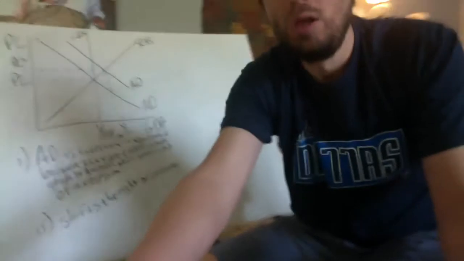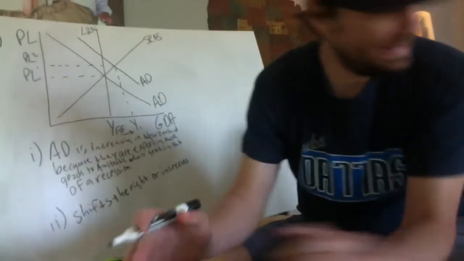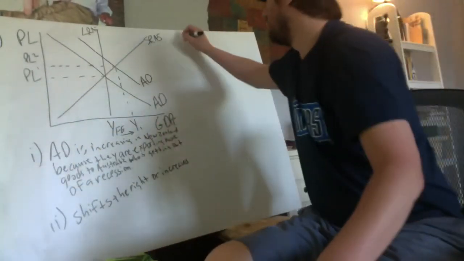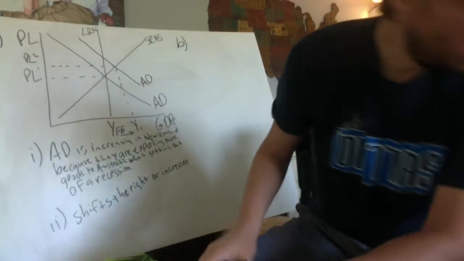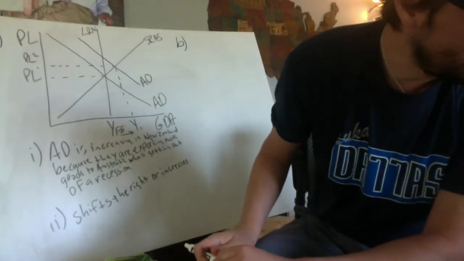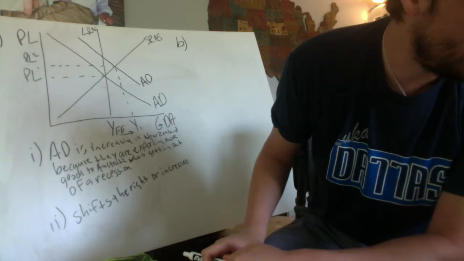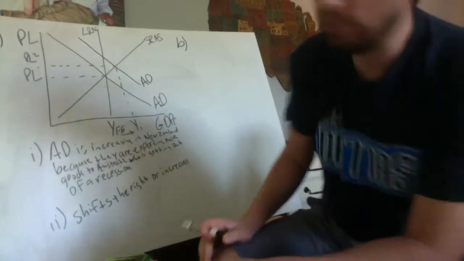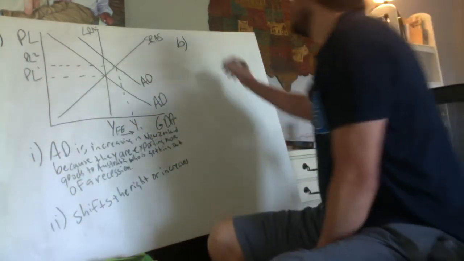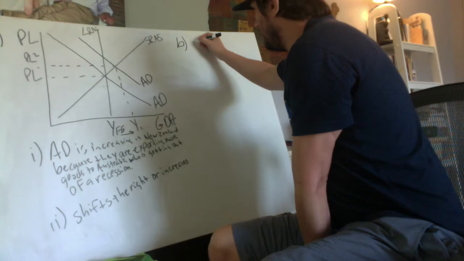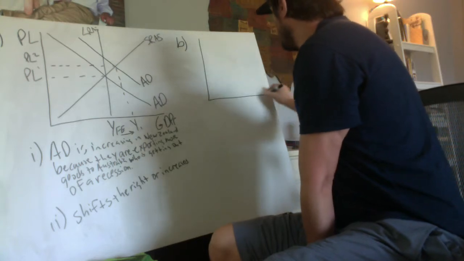Now we need to do part B. It says, using a correctly labeled graph of the money market for New Zealand, show the effect of the output change in part A on the following. With my money market graph, this is what we talked about in the notes.